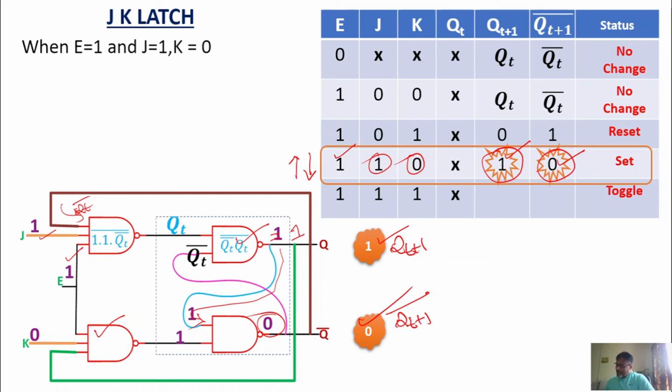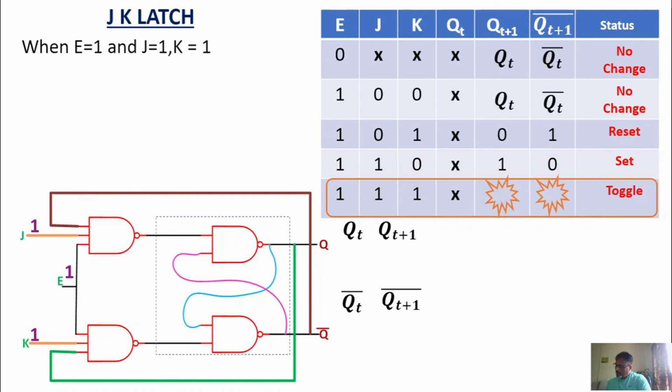Now let us see the last configuration. What happens when both J and K are 1 and E is equal to 1, or positive edge of the clock or negative edge of the clock?